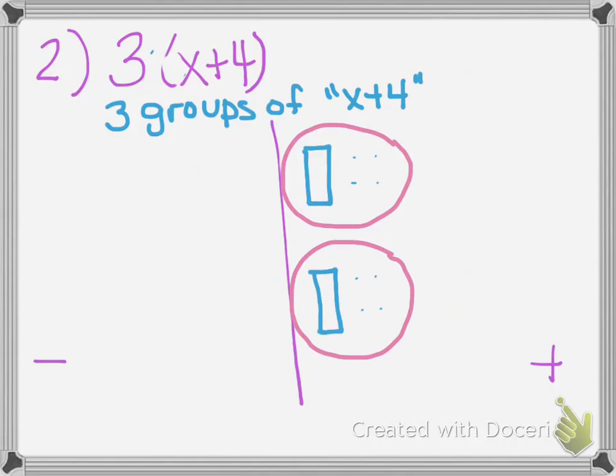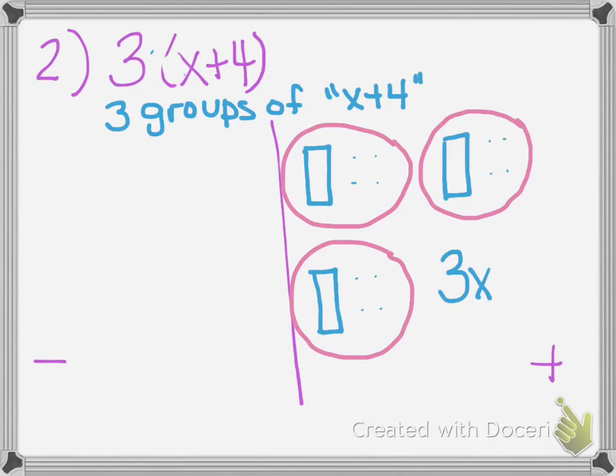And I think it's important to group them together so you can keep your groups separate. So here we've got 3 groups of x plus 4. So all together we have 3 rectangles, which means we have 3x. And then if there are 4 dots in each of our 3 groups, that's a total of 12 dots. So 3 groups of x plus 4, or 3 times the quantity x plus 4, is 3x plus 12.